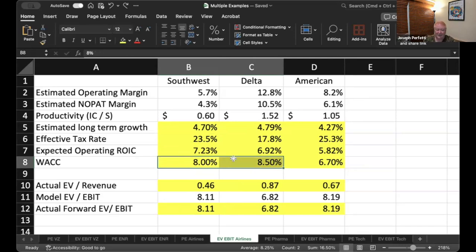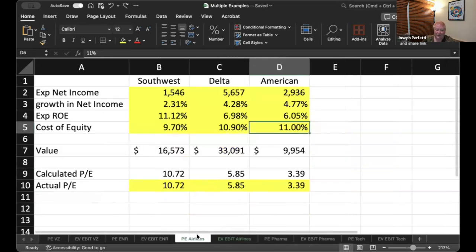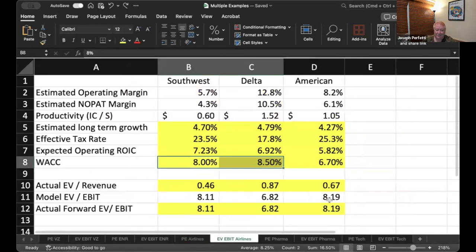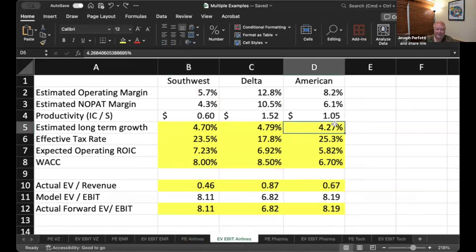Interestingly, American, which on a PE basis was only worth 3 times net income, is worth 8 times EBIT. Why? And the answer is they have the lowest growth of the 3, 4.27% versus 4.79 and 4.7.